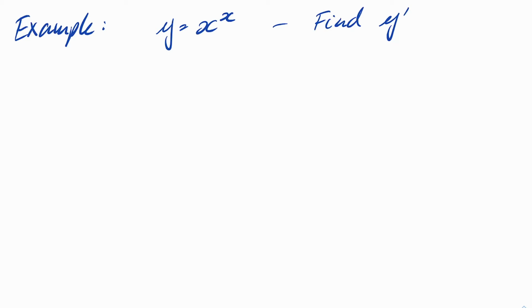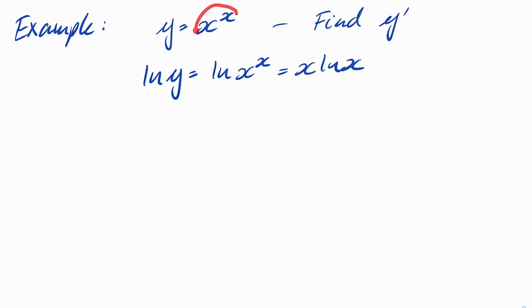We start with step 1, take logs. Log y is log x to the x, which simplifies to x log x. By taking logarithms, we've turned a power into a product. So when we differentiate it, we can just use the product rule. If we take derivatives d by dx, we have y prime over y.